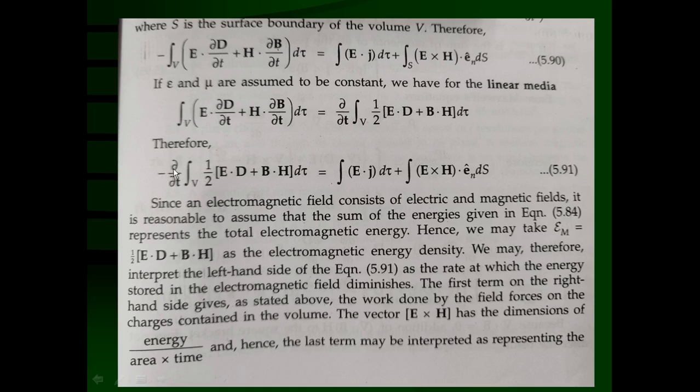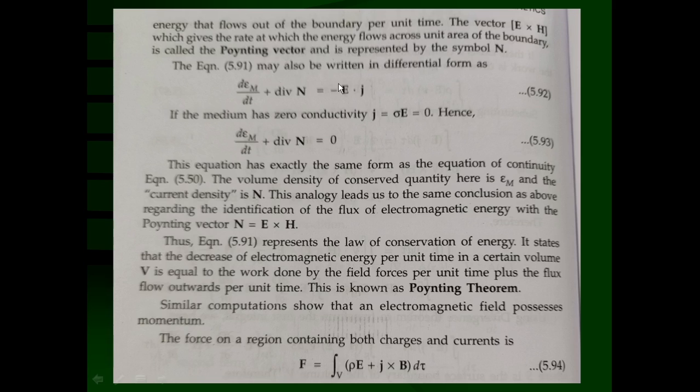That means minus del t of, this is nothing but the electromagnetic energy density, so we can write minus del t of Em is equal to E dot J plus divergence of N. So this equation is converted into differential form. Now we can take this term to this side, so minus E dot J is equal to dEm upon dt plus divergence of N. Now J is equal to sigma E, where sigma is the conductivity of the medium.